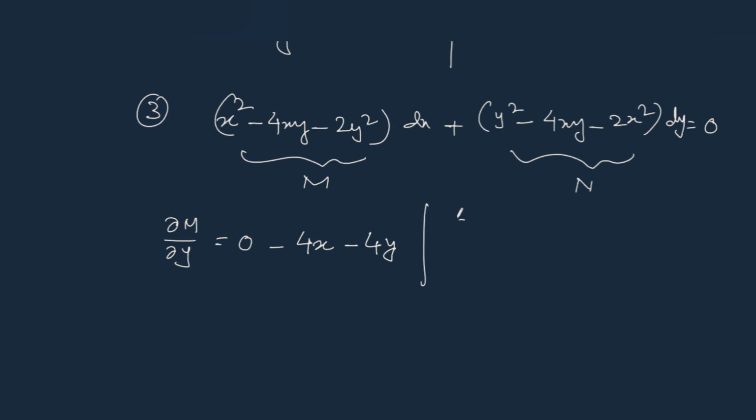On the other side, del N del x can be written as 0, negative 4y, since y is treated as a constant and the derivative of x is 1, and negative 4x, because 2 times 2x is 4x. And see, these two are equal, so therefore we can say that this equation is an exact equation.